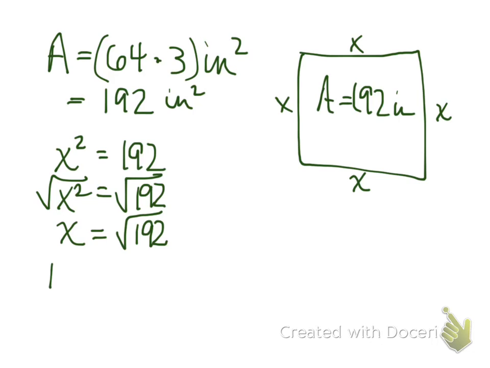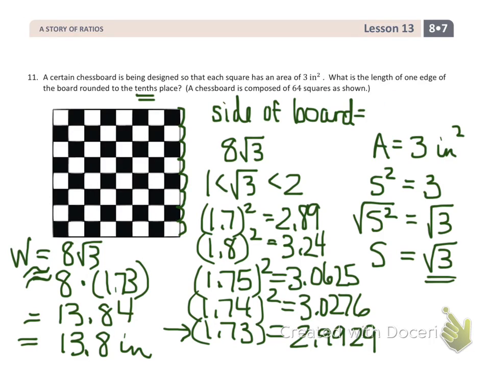I want to take 13.8 squared and let's see what that is. It is 190.44. Okay, that was our answer, right?